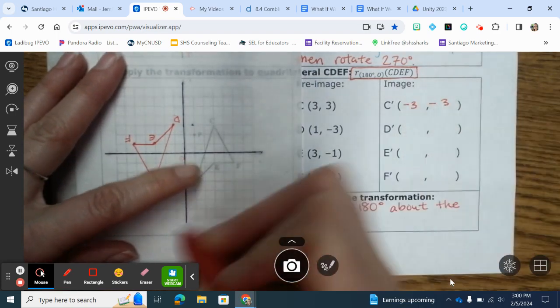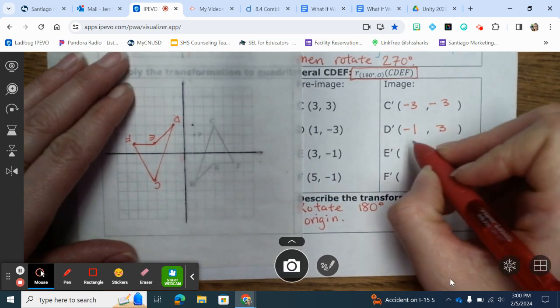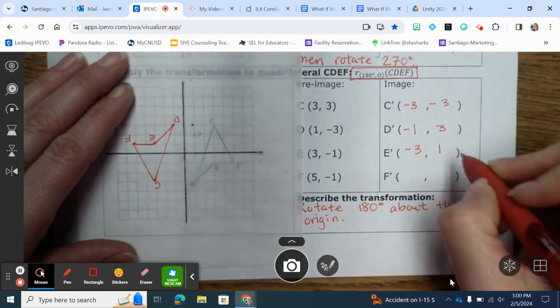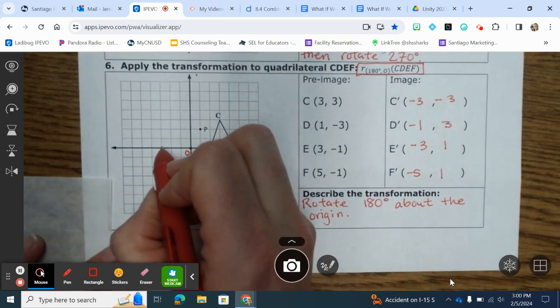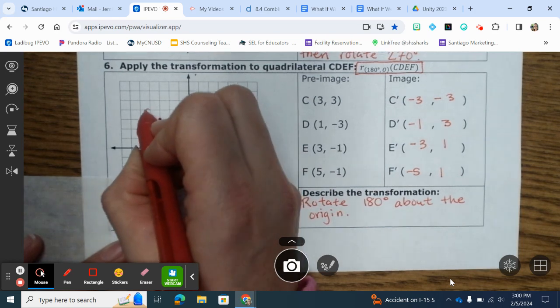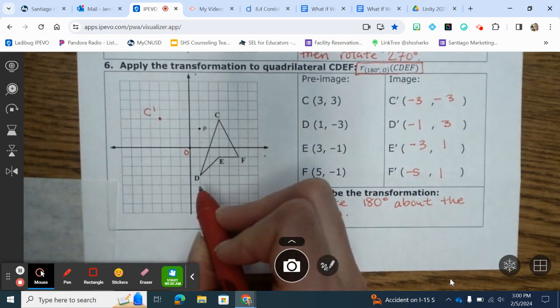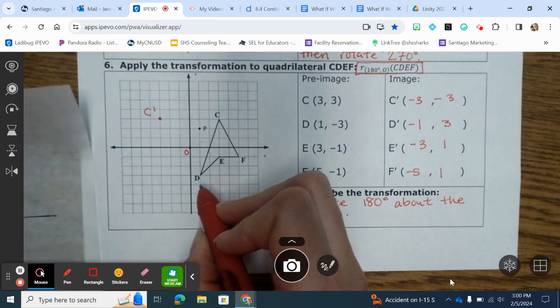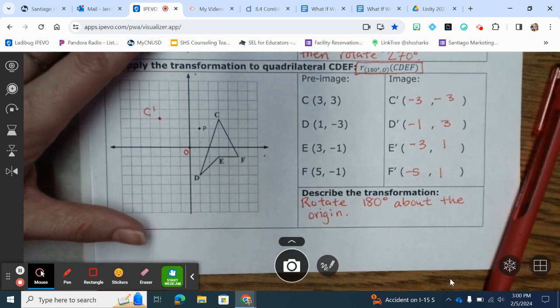-3, -3, -1, 3, -3, 1, and -5, 1. Oh, I went the wrong direction.